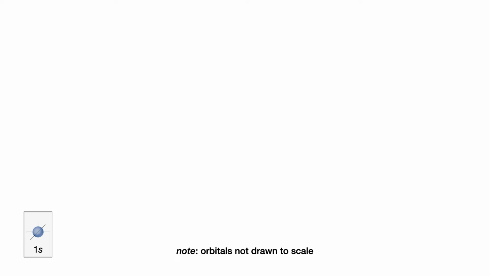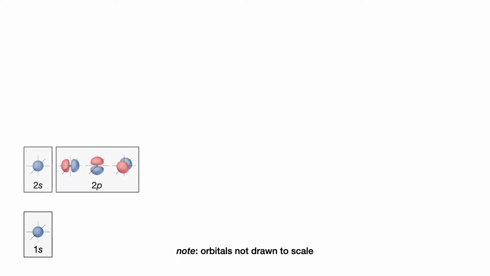Looking at the different energy levels in an atom, the first energy level only has the S sublevel, and there's one S orbital. The second energy level in an atom has two sublevels, the S sublevel and the P sublevel.